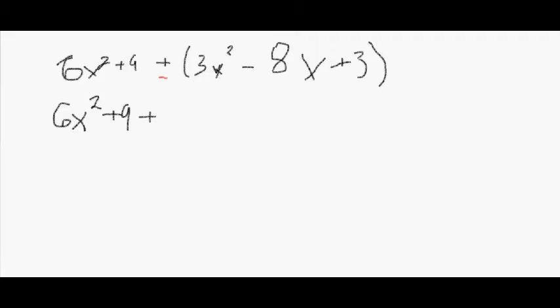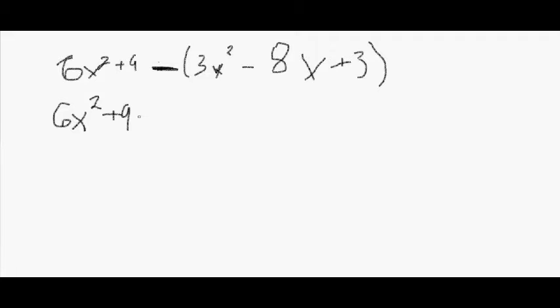However, if there was a negative instead, let me erase that. If this was a negative, then a lot of things change, and I'll explain. Let's say this is a negative.